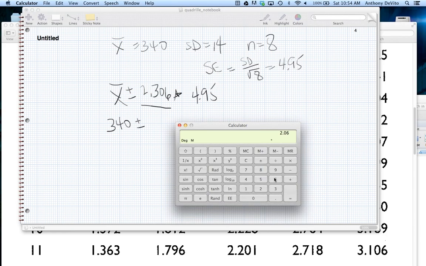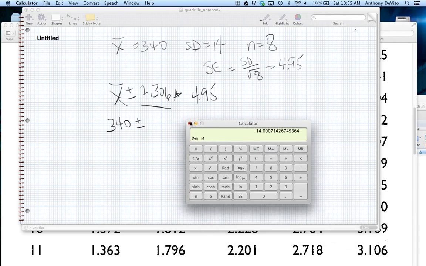Oh no. I made a mistake there. 2.306. I have to clear that, unfortunately. Number to recall. Okay, times 4.95 equals 14. So my margin of error is 14.